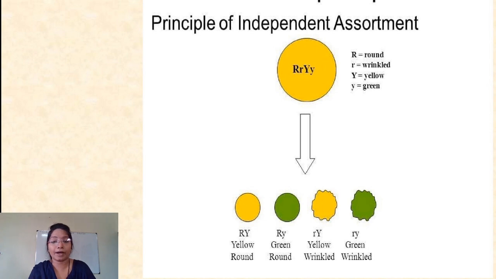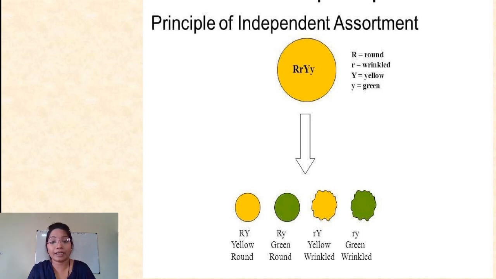But when the F1 generation forms gametes, capital R gets separated from small r, and forms a new combination with Y, such as capital R, capital Y, which gives yellow round.